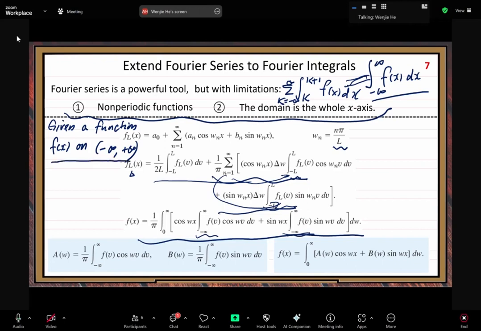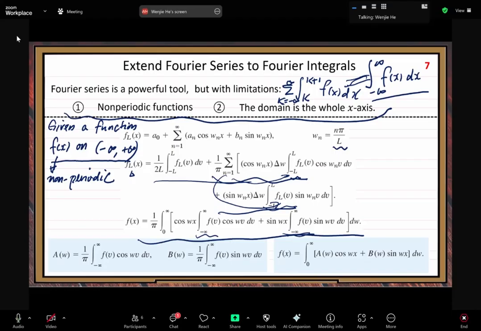But the question is, here we assume this function is non-periodic. That means we cannot calculate its Fourier series expansion.